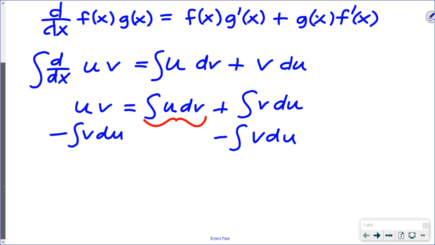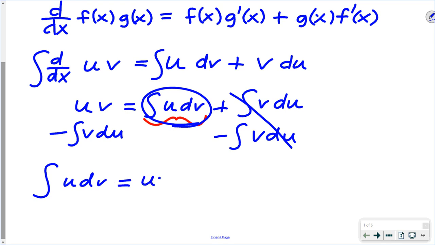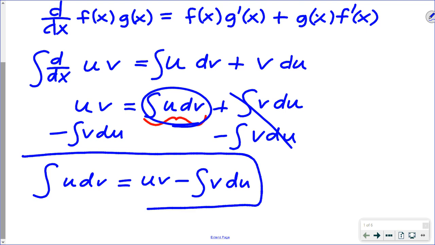And we basically end up with the integration by parts formula, which says that the integral of u times dv is equal to u times v minus the integral of v times du. And this is basically integration by parts. And again, it just comes from product rule.